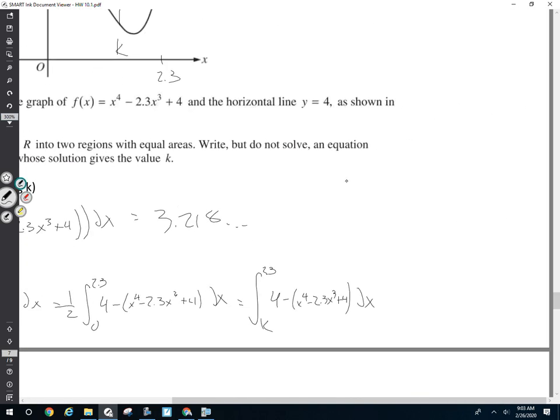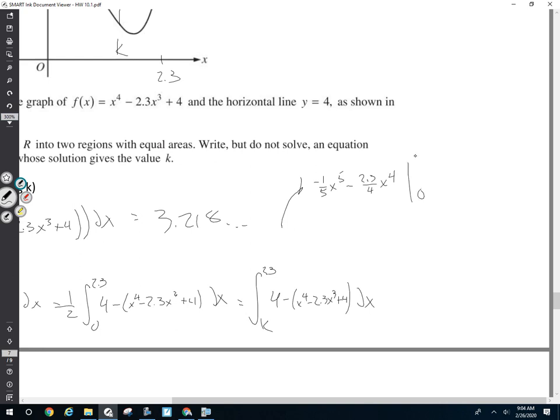So the antiderivative, I'm going to go back to the first one. It's going to be 4x. Oh, the 4's cancel. I just have negative x to the 4th, so that's negative 1/5 x to the 5th minus 2.3 over 4 x to the 4th. The 4's are gone.